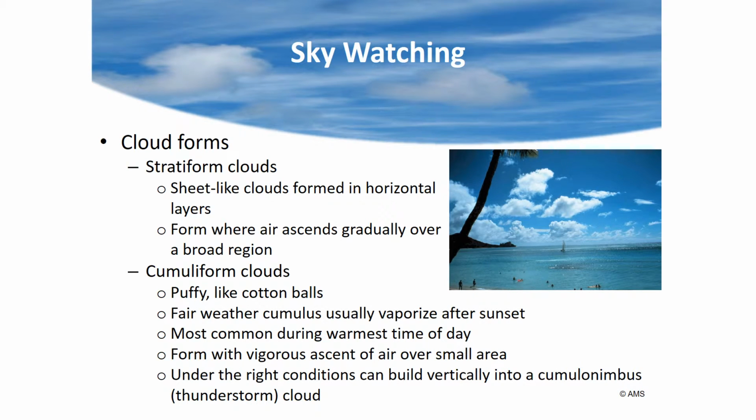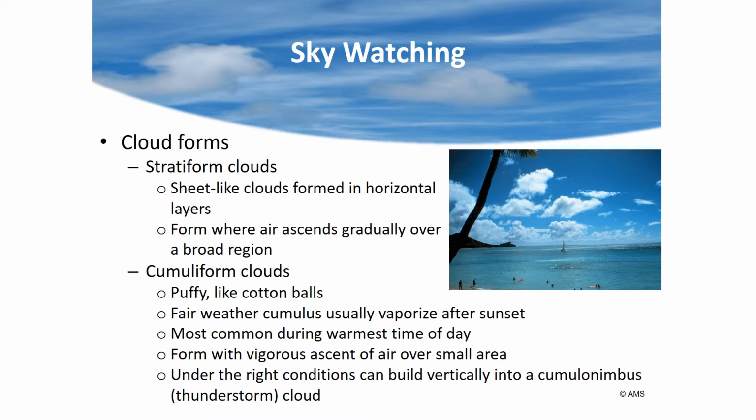There's other cloud forms. Stratiform clouds are usually a continuous sheet of very similar cloud looking smooth, horizontal layers. They form when the air is gradually ascending over a very broad area. So as the air lifts slowly and over a uniform area, you'll create stratiform clouds.